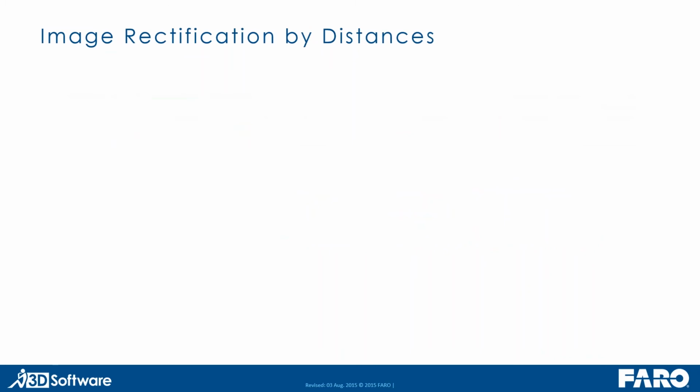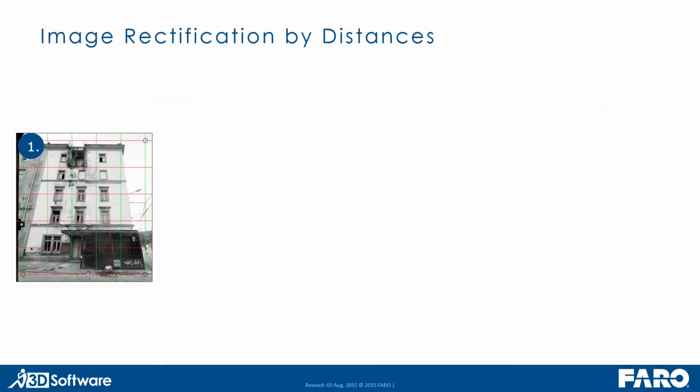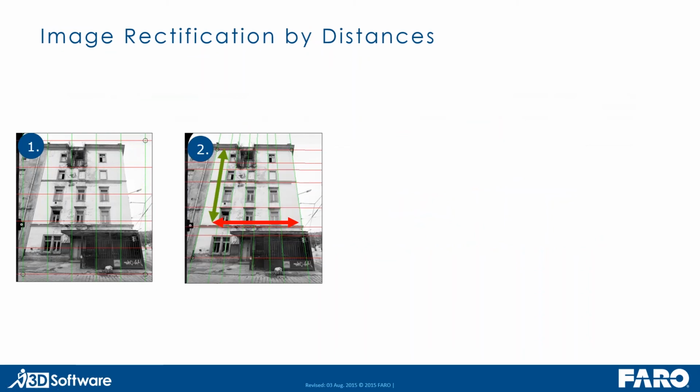The image rectification by distances works in a way that we provide a rectangular grid which we need to apply and adjust to the photograph like this. So parallel horizontal and vertical lines in the photograph must then line up with the grid, or the grid has to line up with those lines.